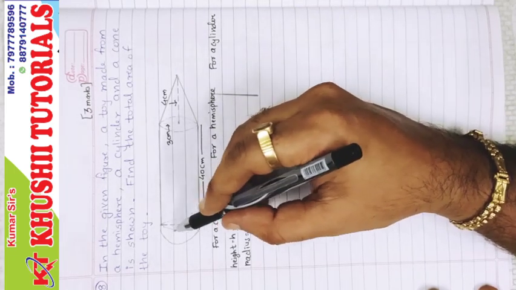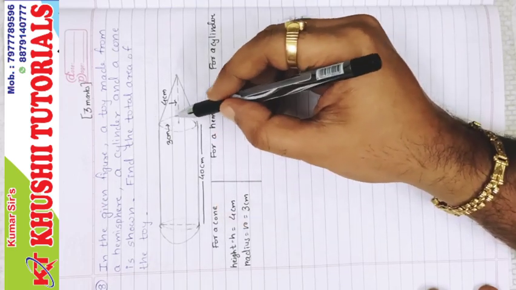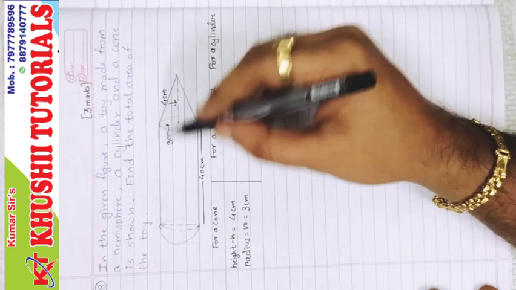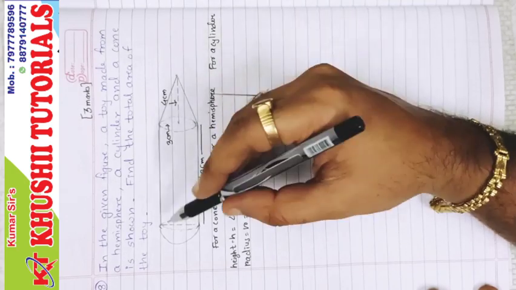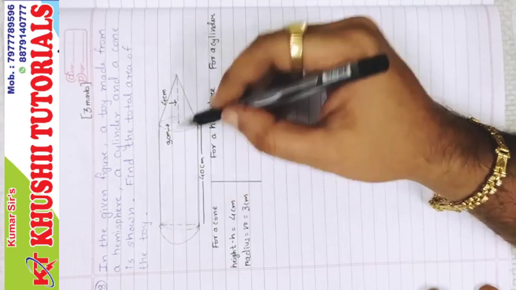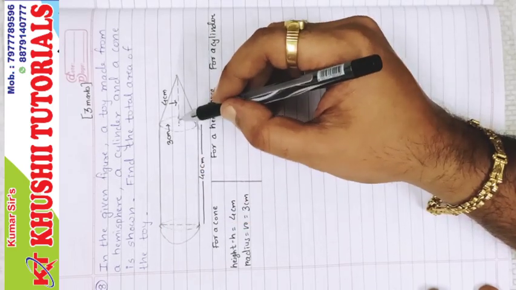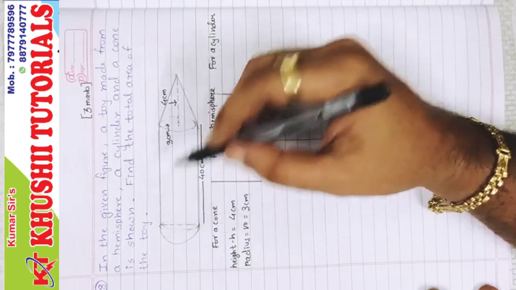For hemisphere, now you can see this hemisphere, right? The radius of this circle and radius of this circle will be same, because both circles are just the top and bottom of the same cylinder, so their circle will be same. If circle is same, the area will be same, it means their radius are same.